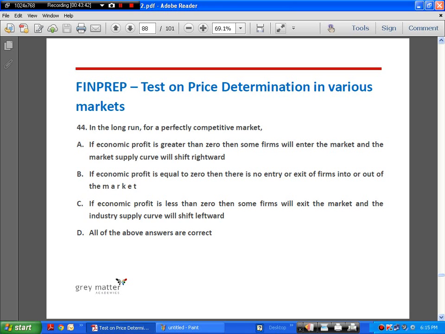On the other hand, when there is absolutely no profit, you will notice that the industry will not attract any new entrants, and firms will also not be leaving the industry.